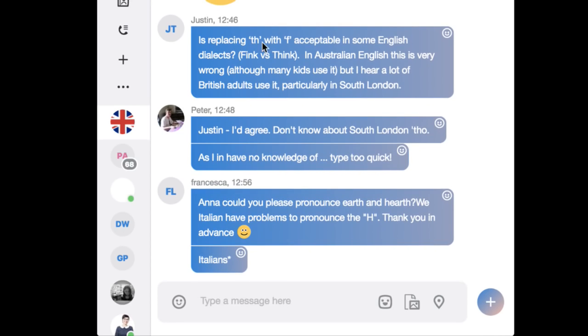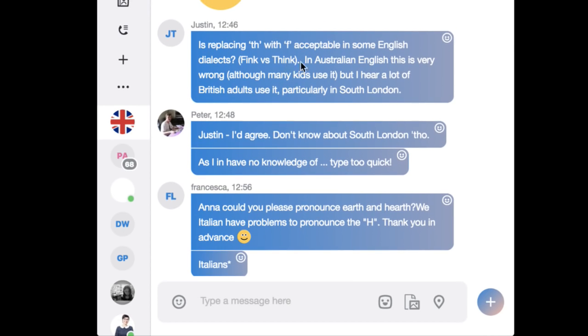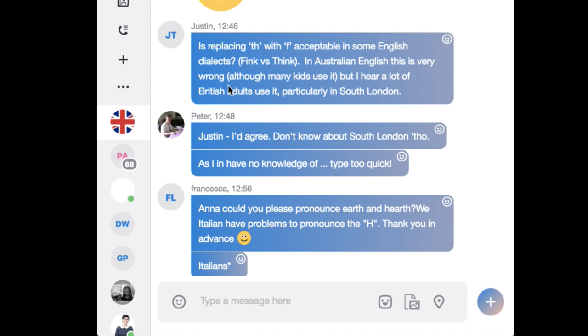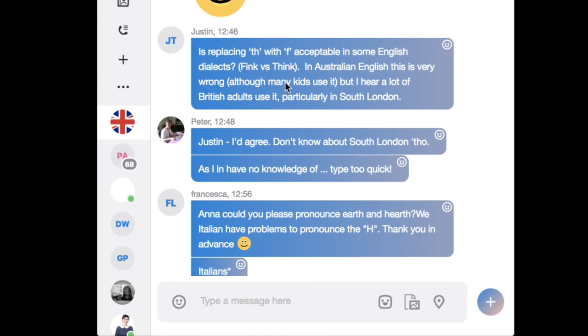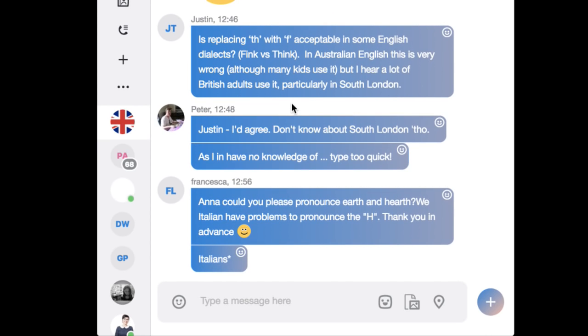Is replacing the TH with F acceptable in some English dialects? Think instead of think. In Australian English, this is very wrong, although many kids use it. But I hear a lot of British adults use it. Yes, they do, particularly in South London. So dropping the TH is part of many dialects.